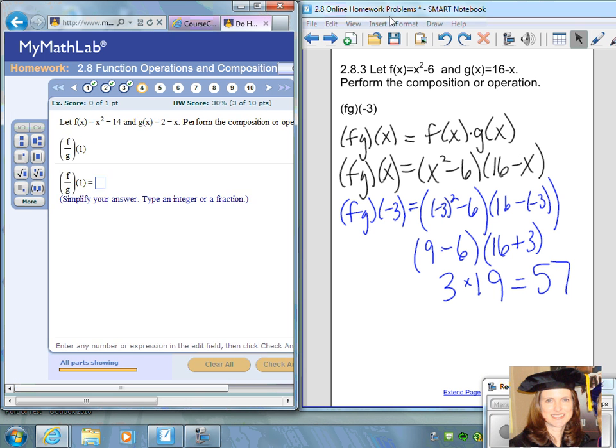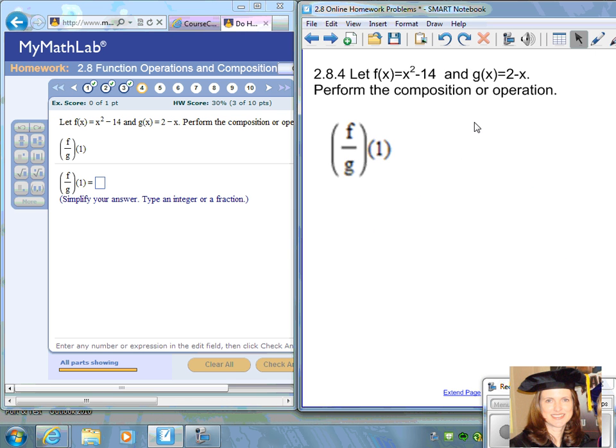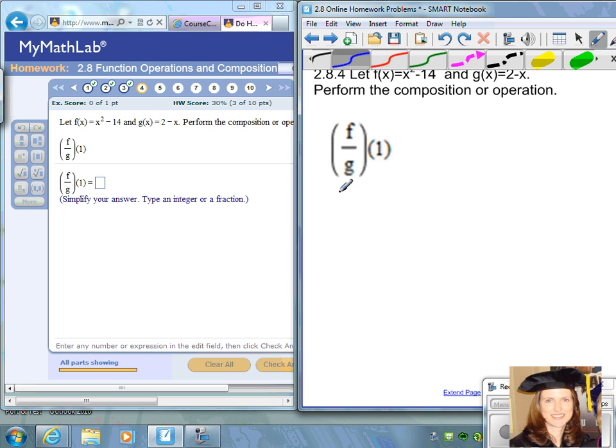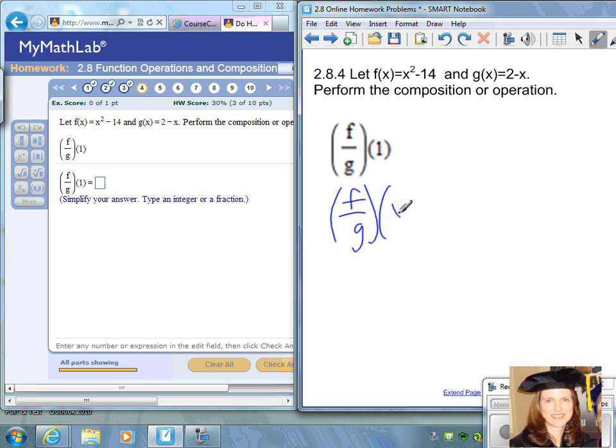Let's look at number 4. Let f of x equal x squared minus 14 and g of x equal 2 minus x. Perform the composition or operation. If we want to find f over g of x, that's the same thing as f of x divided by g of x.